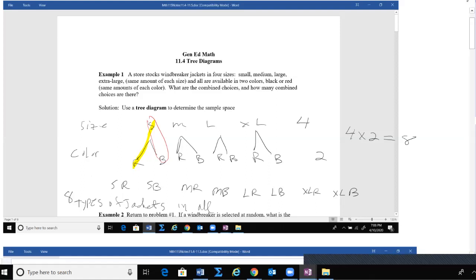Notice I just took the branch here and got small red, and I had small black, and the next one is medium red. So you just trace along the branches and you can make up the combinations. And there are 8 of them for this one. Okay. Now, let's look at the next one.